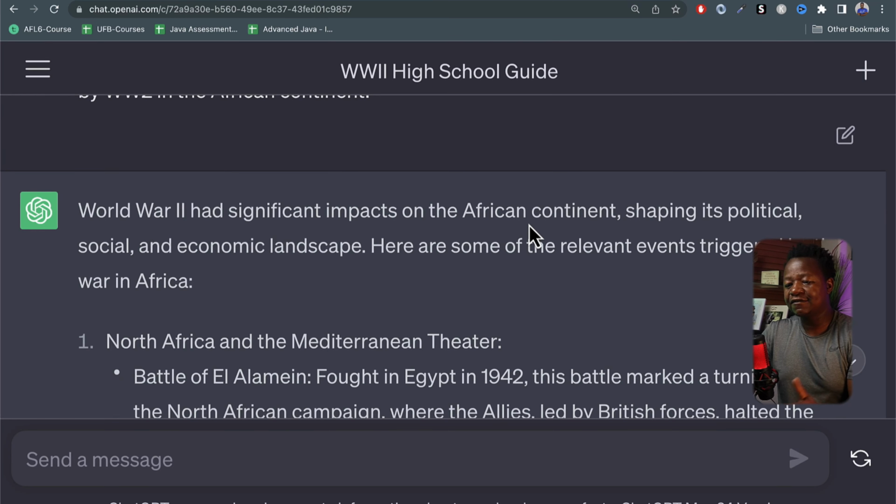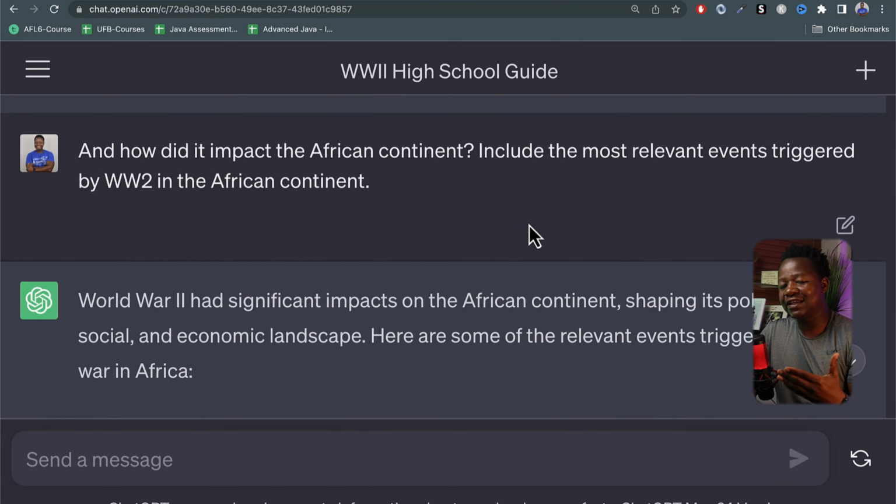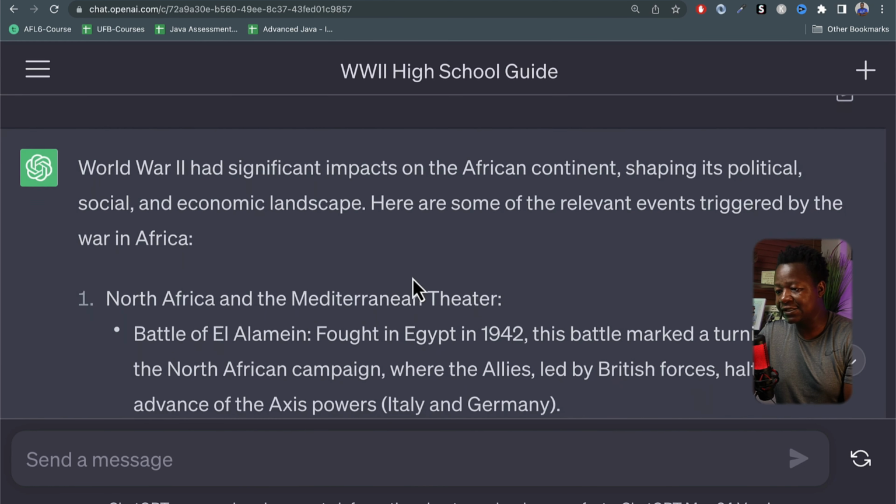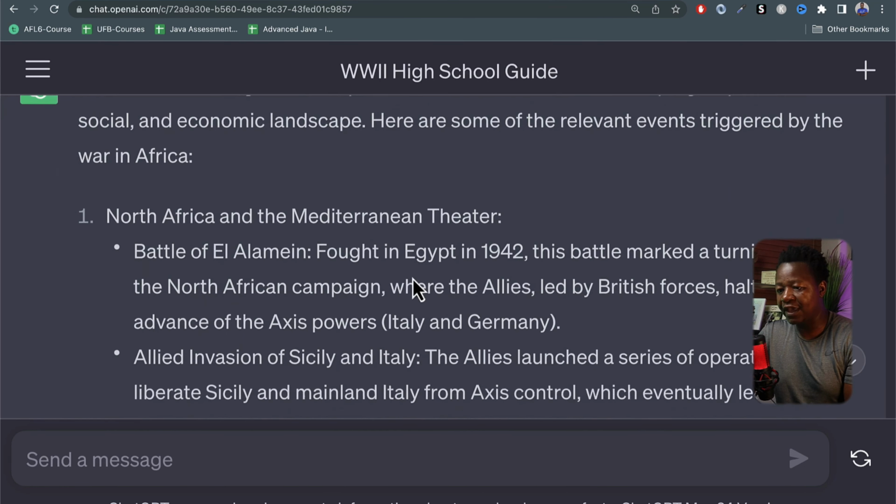Okay, see, now I have the next step that I've prompted because I want to continue this conversational context. It says World War II had significant impacts on the African continent, shaping its political, social, and economic landscape. And here are some of the relevant events triggered by the war in Africa. North Africa, so it divides it in all directions.